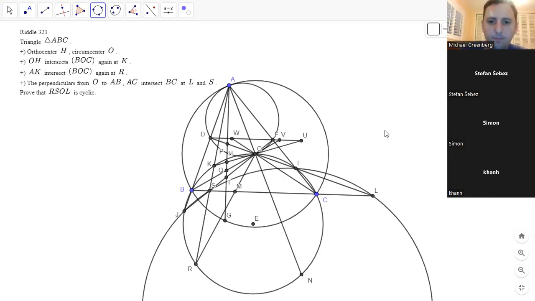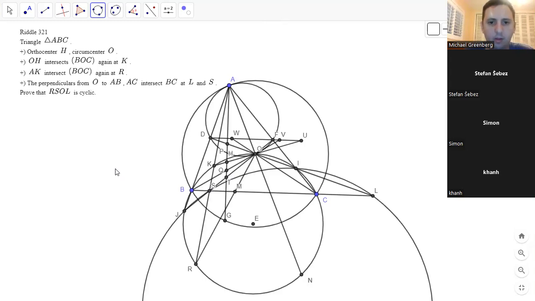Wait, so you've proven that? You just invert. Wait. What is S? What point is it actually? S is where OF intersects BC. So is it collinear with A and R?